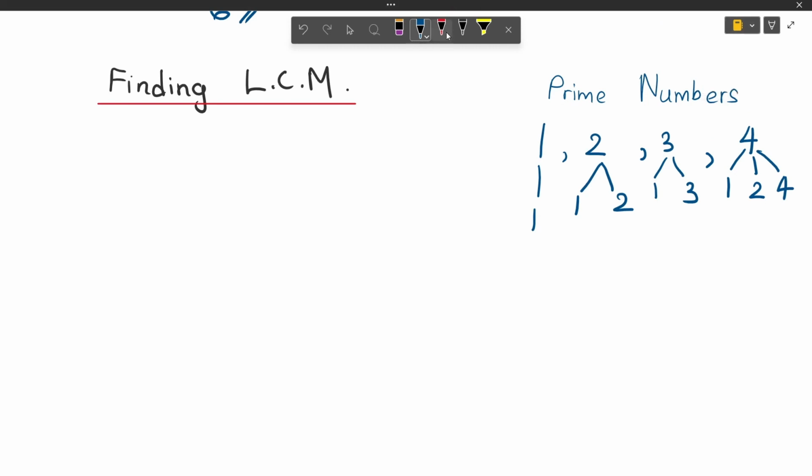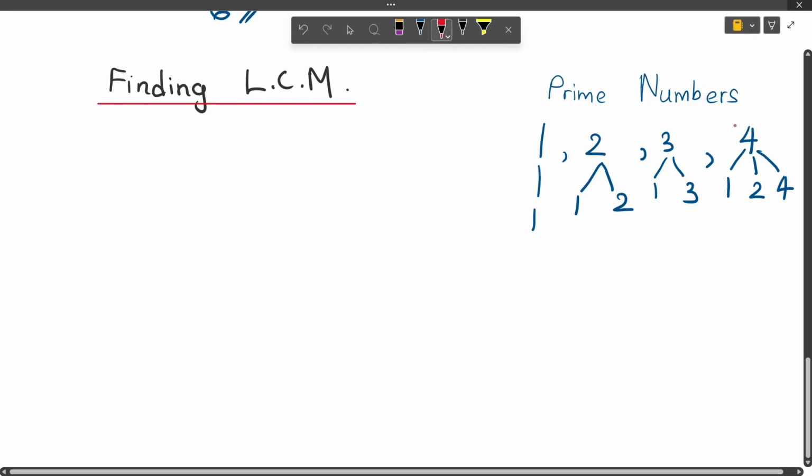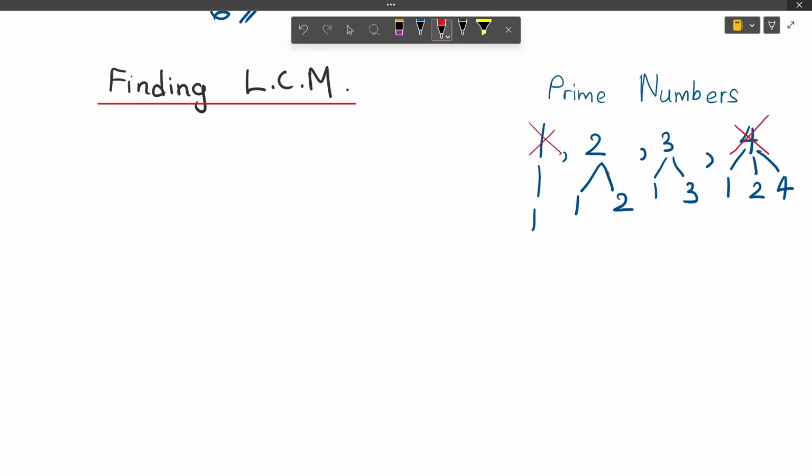So 4 is not a prime number. 1 is also not a prime number. A prime number has only 2 factors. Those 2 factors are 1 and the number itself.